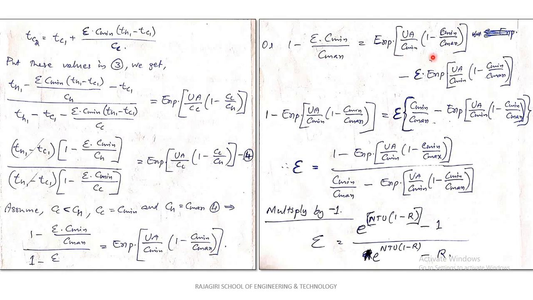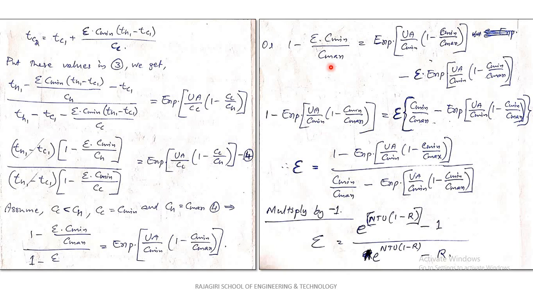Okay, let's rearrange the equations. Multiply this term with the right hand side, so you will get this term minus effectiveness of this term, and the effectiveness terms grouped together on the right hand side, the main term on the left hand side, that's 1 minus this term.